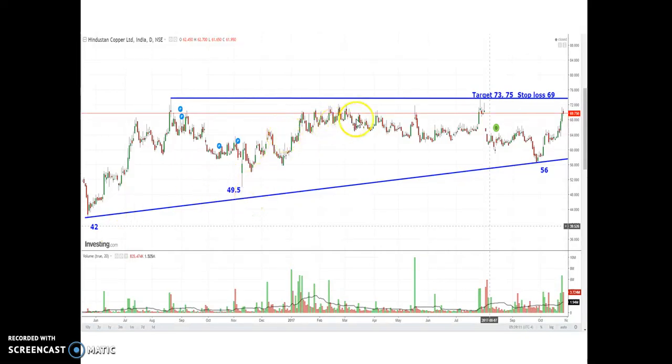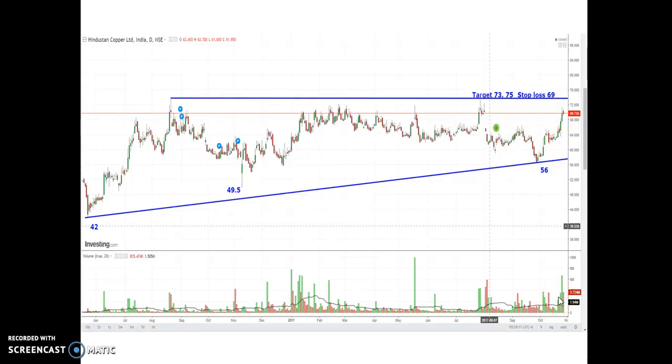And the resistance level, I mean the excessive amount of supply, is at the level of 69.7. So this is the demand and supply analysis, and the volumes should also be considered.